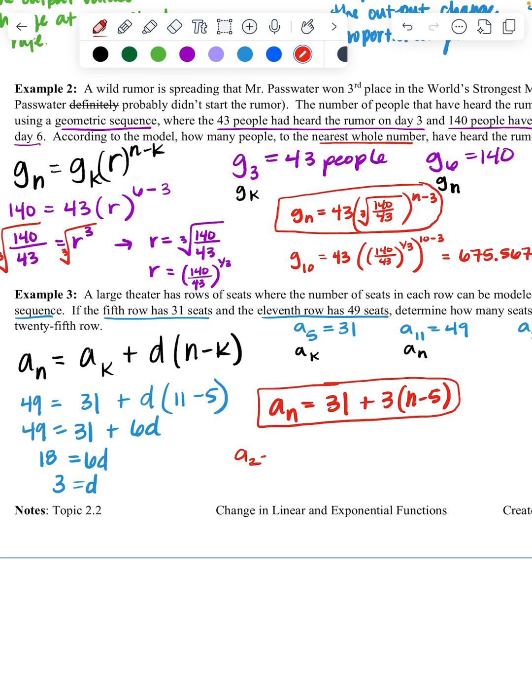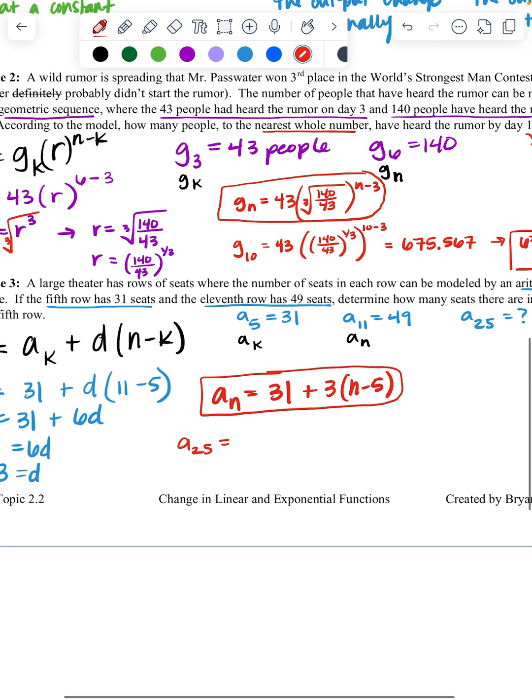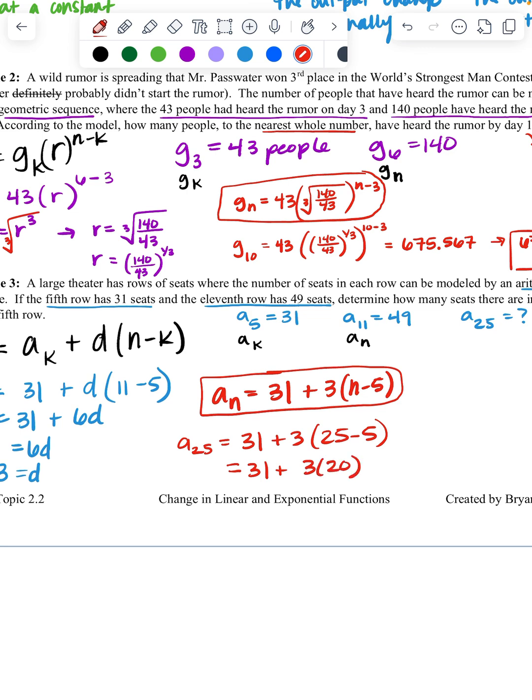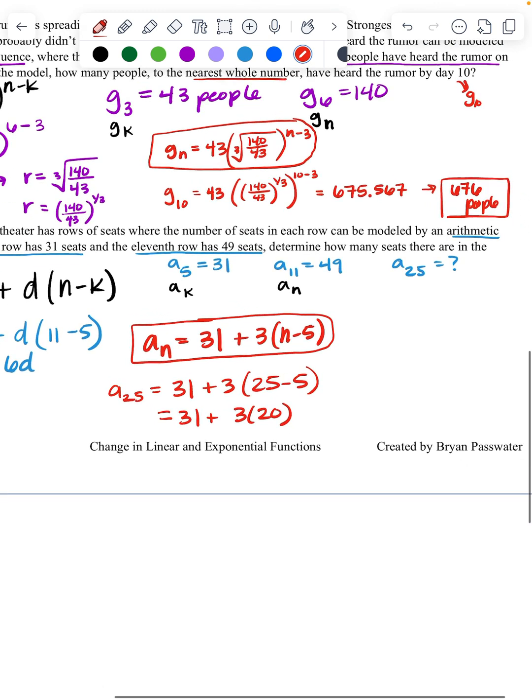So using this to find the 25th row, plug in 25 for n. So a sub 25, our 25th row, is going to have 31 seats plus 3 times 20, or 60 seats. So 60 plus 31, it would have 91 seats.